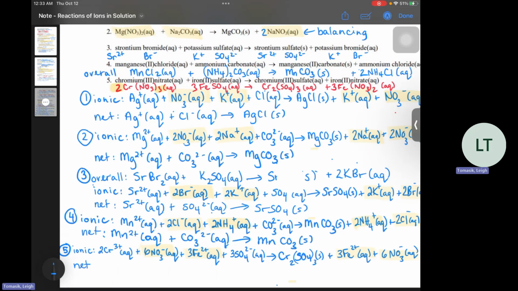So our net ionic equation is going to be 2Cr3+ aqueous plus 3SO4 2- aqueous arrow Cr2(SO4)3 solid. And that's how you write total ionic and net ionic equations.